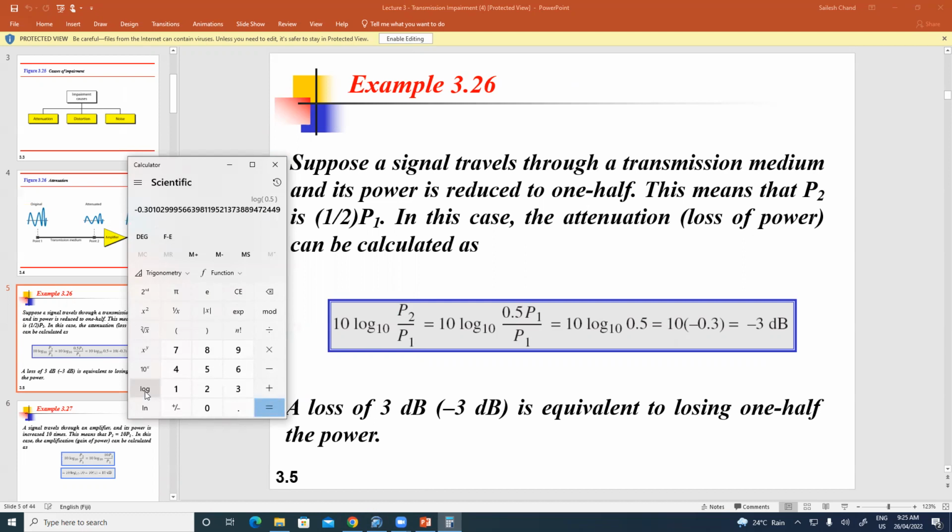Or is there any other way we can solve this? Using the calculator, we can do that.